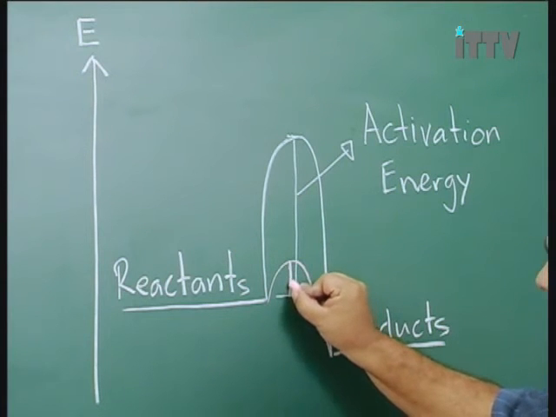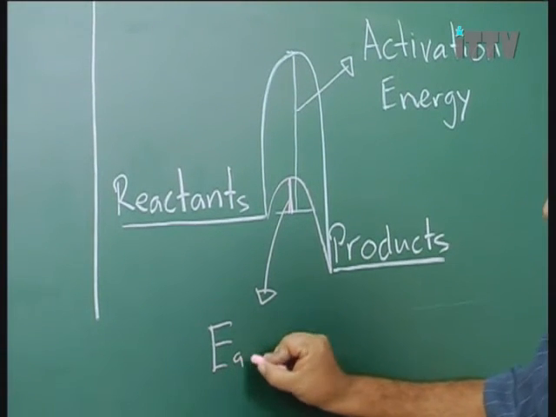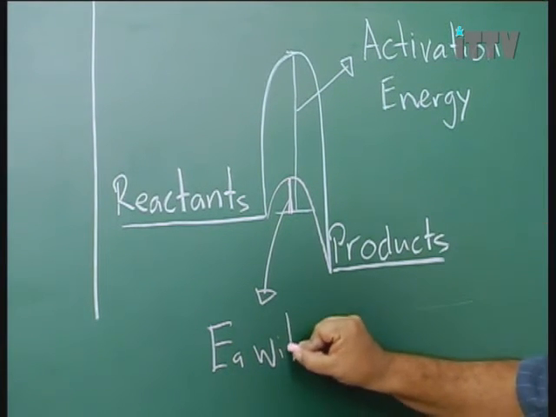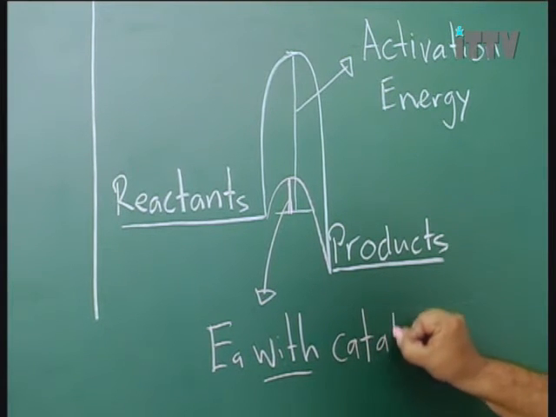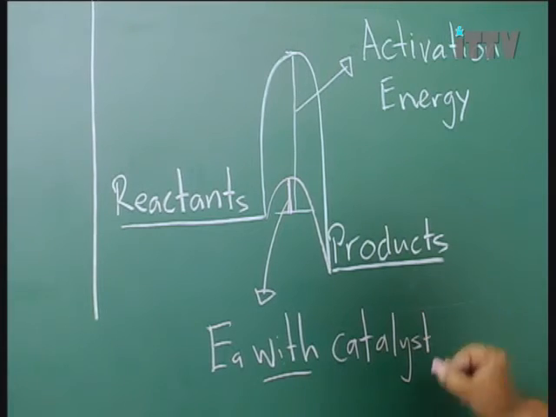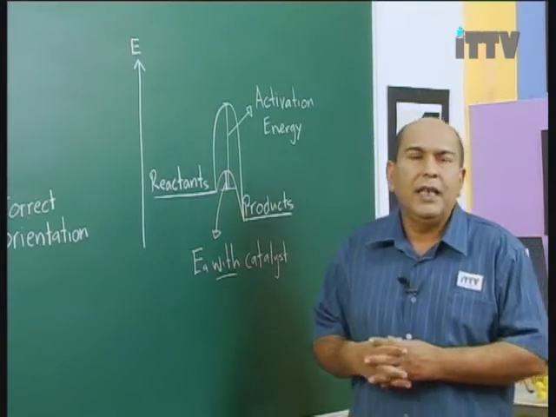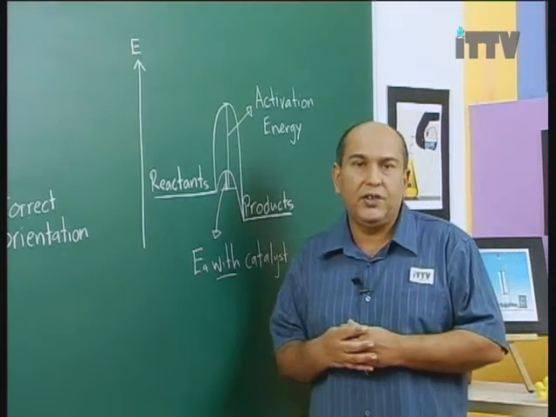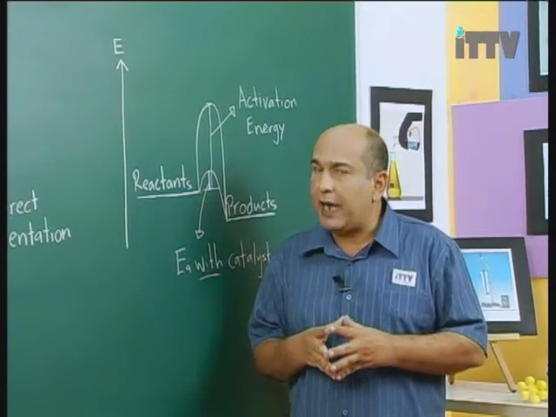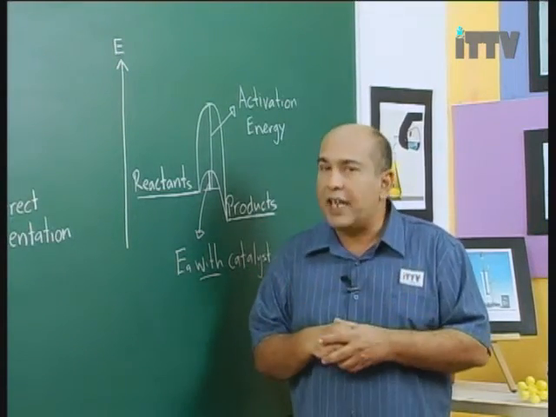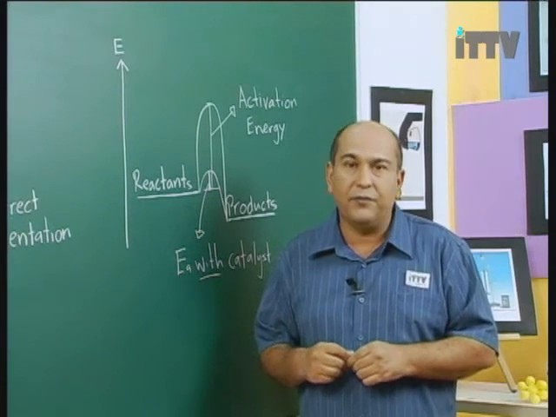So this is the activation energy with a catalyst. And because your activation energy is lower, it means more collisions will produce effective collisions, because more of the reacting particles have enough energy to create that effective collision that we are looking for.